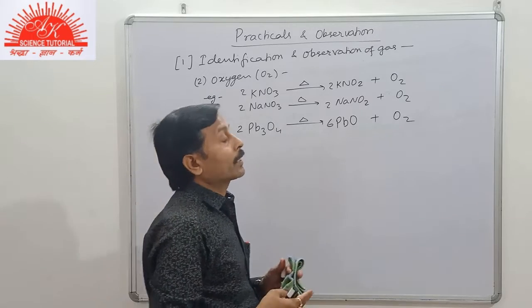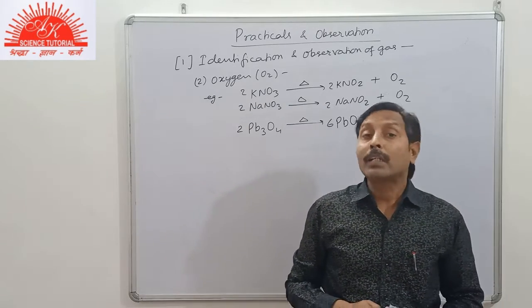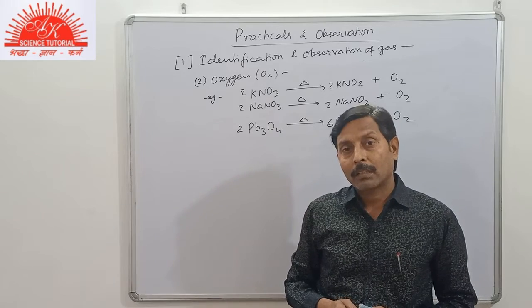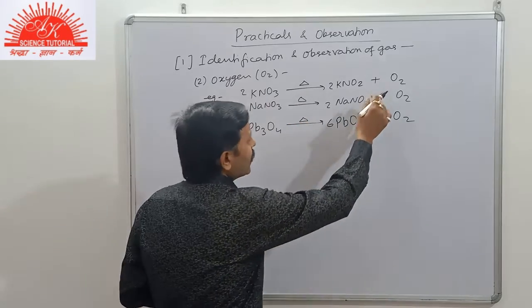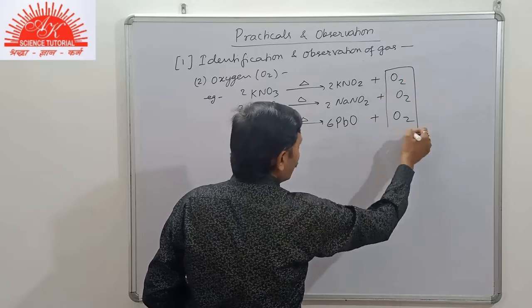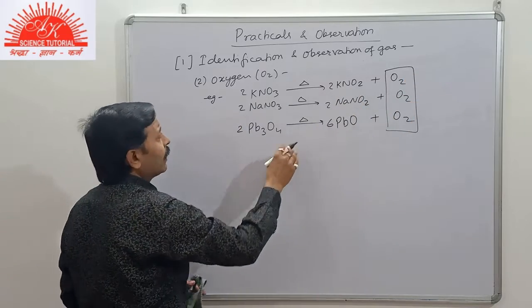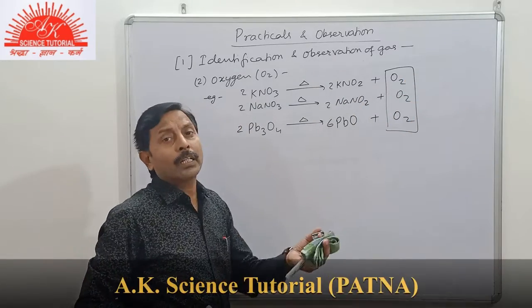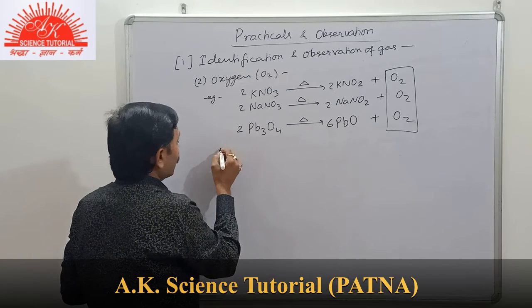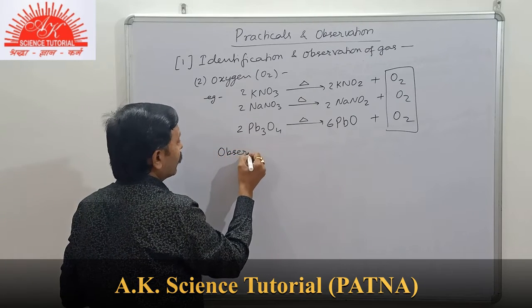Now what is its observation? What is the nature of the gas? Now in general, we are just writing for oxygen, we are not writing all these things. We will later on study the proper observation. Now observation for the gas.